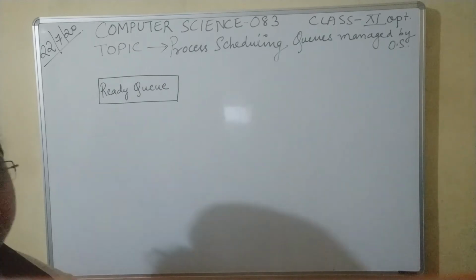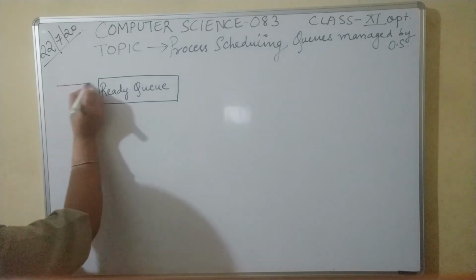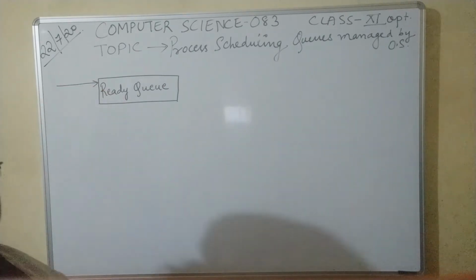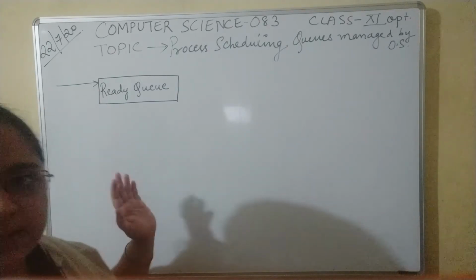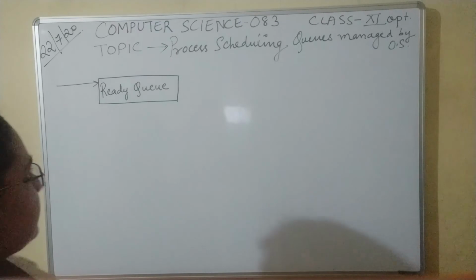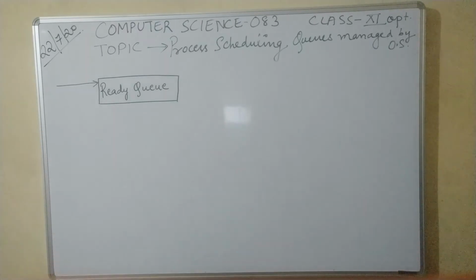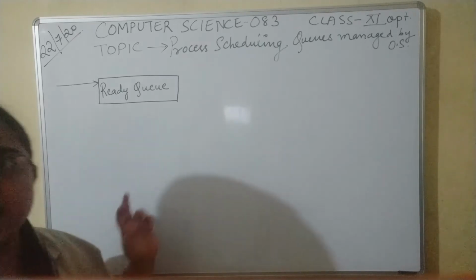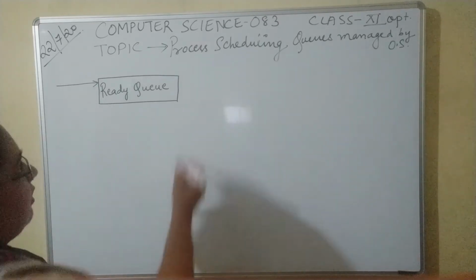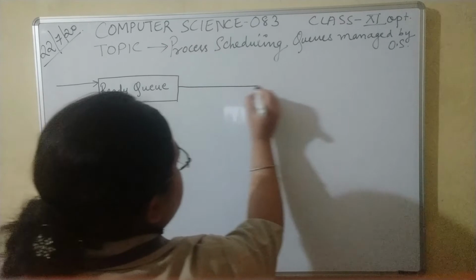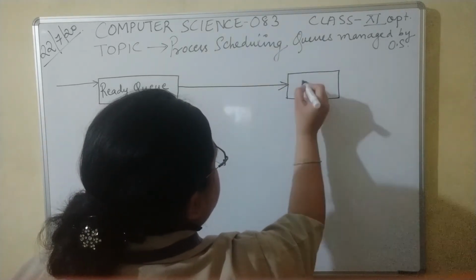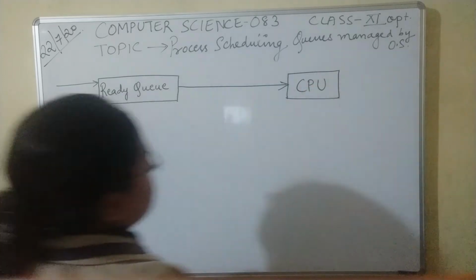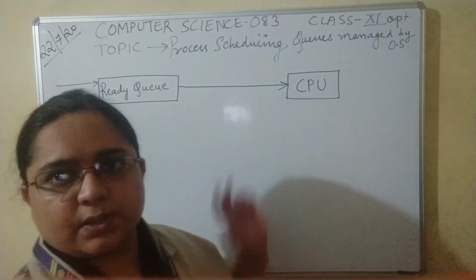Jobs are submitted to the ready queue from your job queue, that is, the job pool which is on your hard disk. Once they are in the ready queue, it shows that they are waiting to be executed by the CPU. Now they will be allocated the CPU and they will start execution.